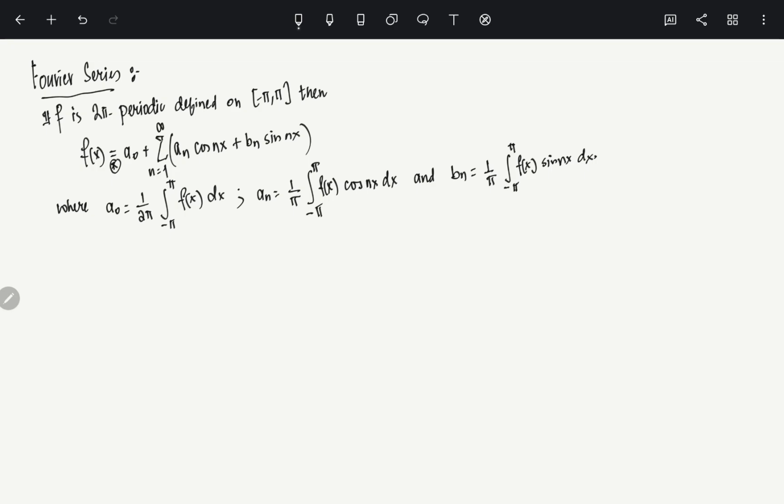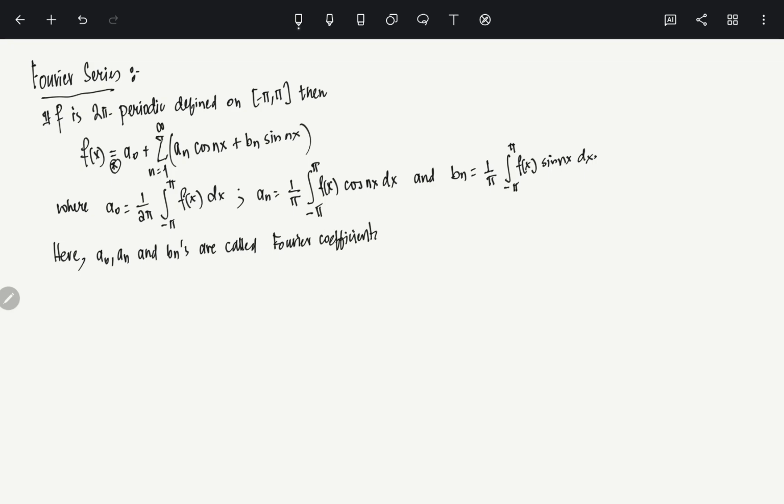I hope this is clear to you now. So essentially this holds for almost every x, so you don't have to worry about it. Essentially for any continuous function this is true. So you understood the idea. If you have a 2 pi periodic function, we can write it in terms of a series where these coefficients, a naught, an and bn, are called the Fourier coefficients of f.